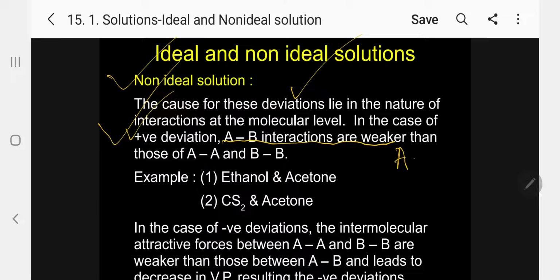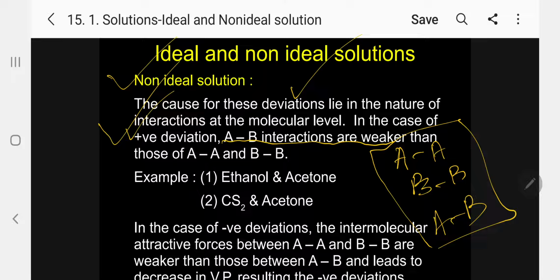So we have AA, we have BB, and also we have AB. So always during boiling, we have three interactions. When we say non-ideal solution, if all the interactions are almost equal, it is ideal. Whereas in the case of positive deviation, AB interactions are weaker.